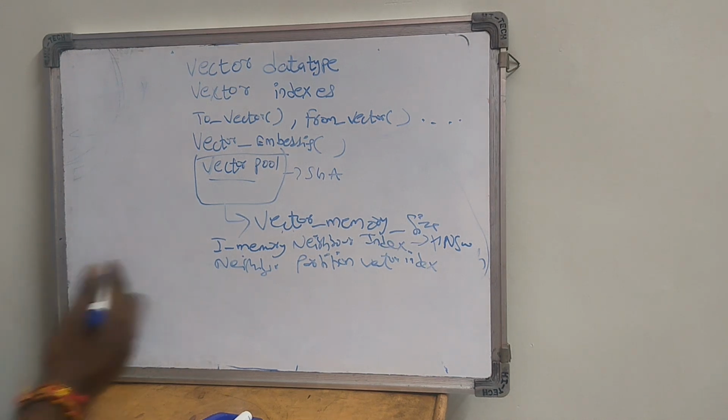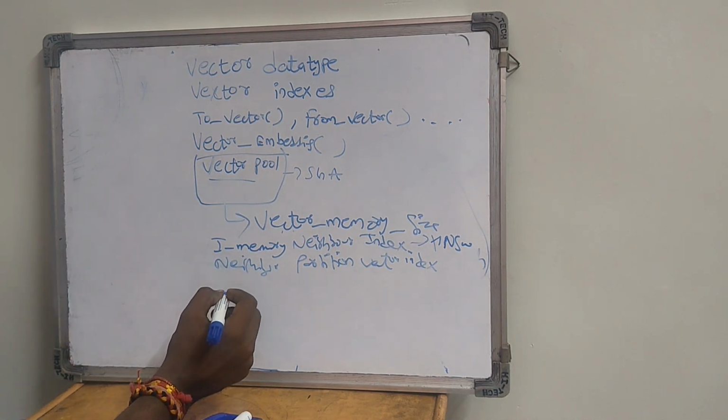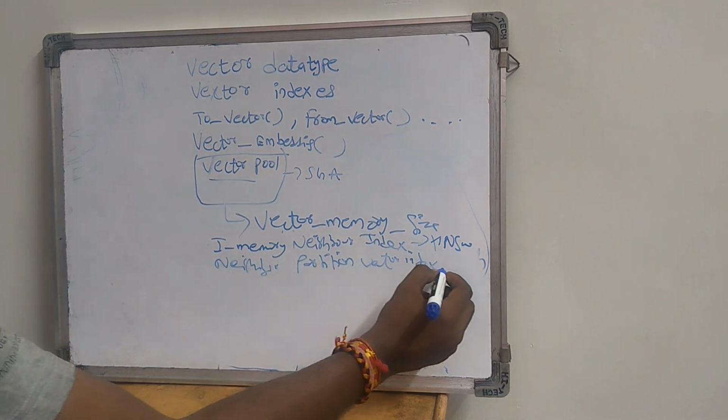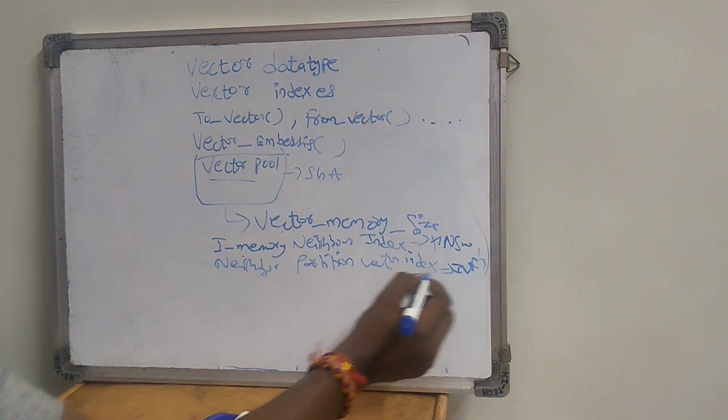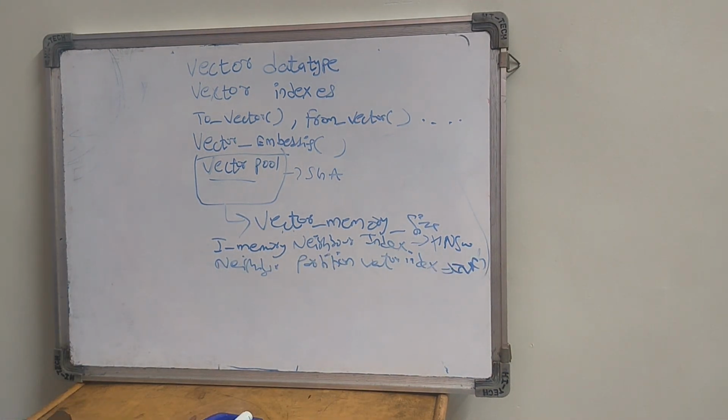And the IVF inverted flat file index, the neighbor partition index, is supported for partition-based index objects to improve the search quality with a reasonable amount of speed.